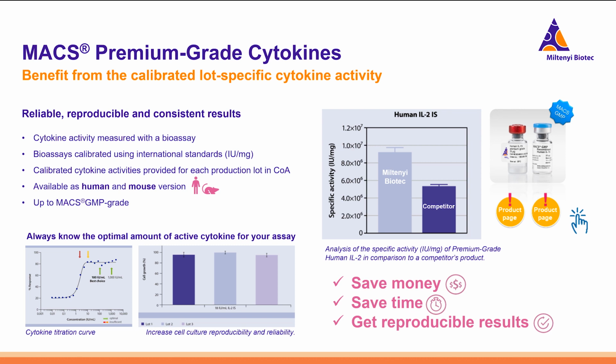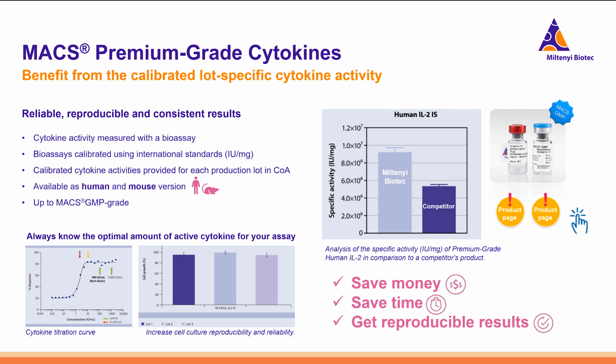Moreover, cytokines from different production lots that are dosed only based on protein weight, for example nanograms per milliliter, result in a high variability in cellular responses. As the graph right next to the curve shows, results are reproducible when cytokines are dosed based on activity units, for example international units per milliliter.